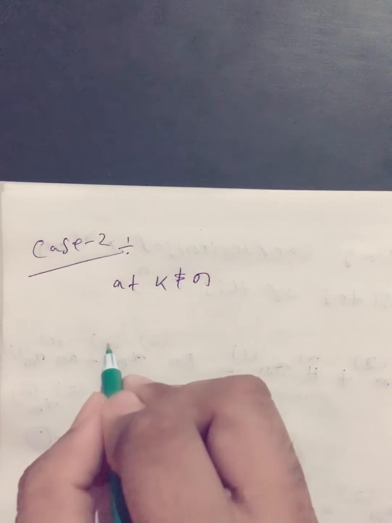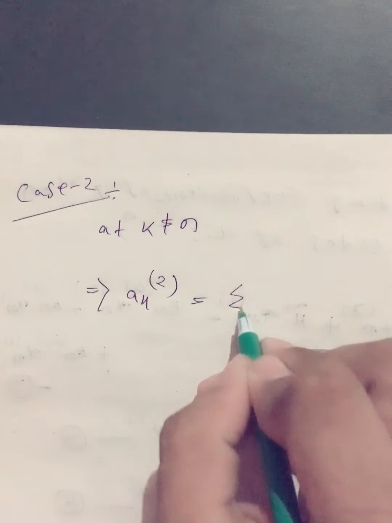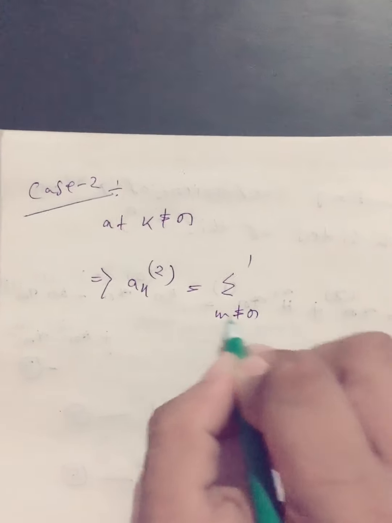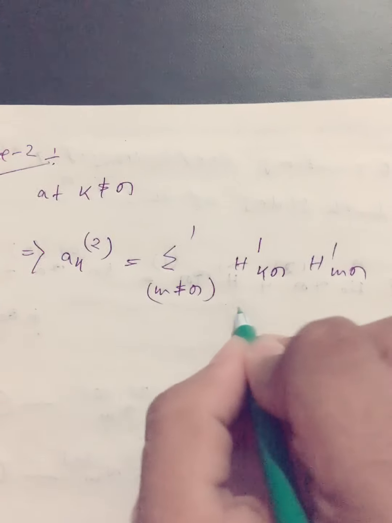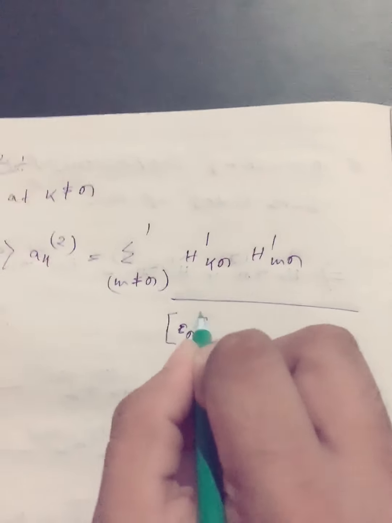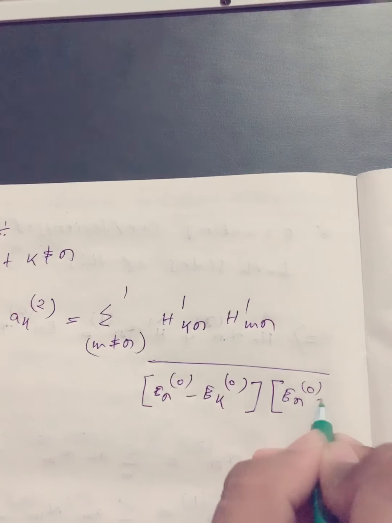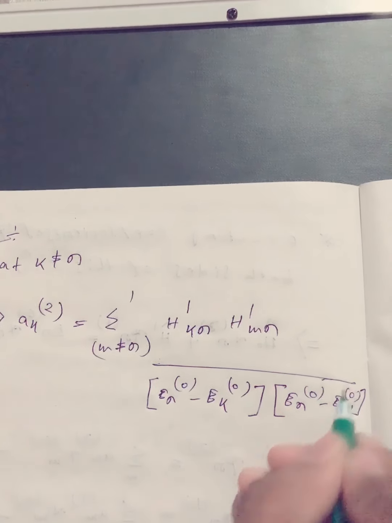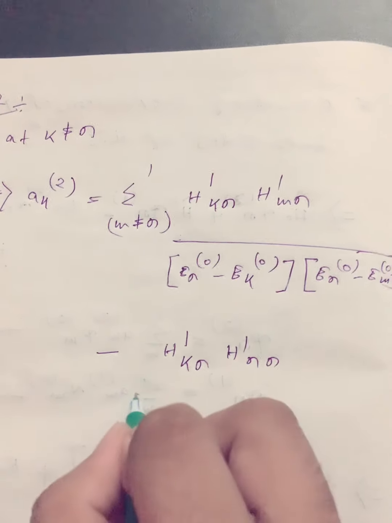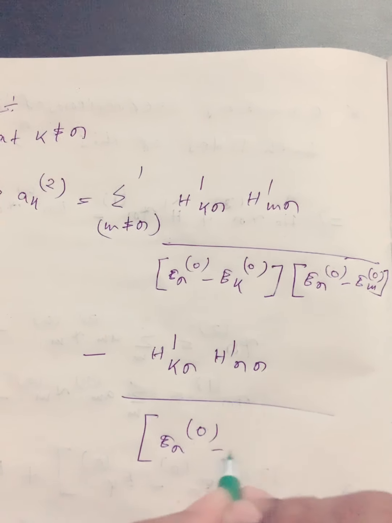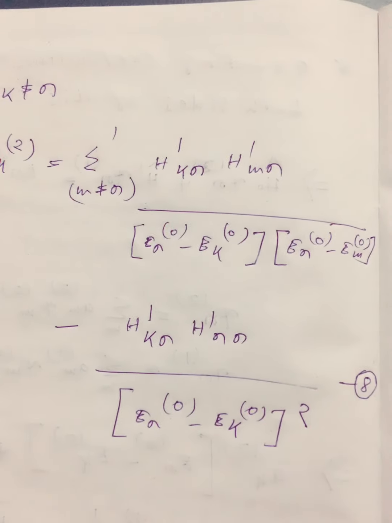At k not equal to n, you can get the value of ak 2. ak 2 is equal to sigma prime, where m is not equal to n, H prime kn H prime mn divided by En 0 minus Ek 0 into En 0 minus Em 0, minus H prime kn H prime nn divided by En 0 minus Ek 0 whole square. This gives equation number 8.